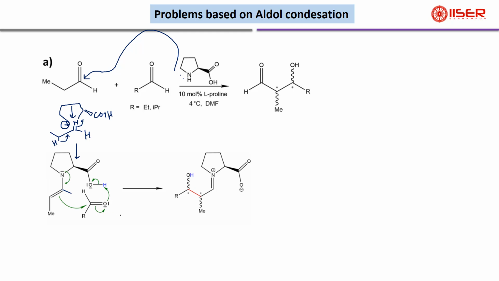Just try to imagine a 3D model. This acid is above the plane. So when it forms a hydrogen bonding with this ketone, it will be like this way.